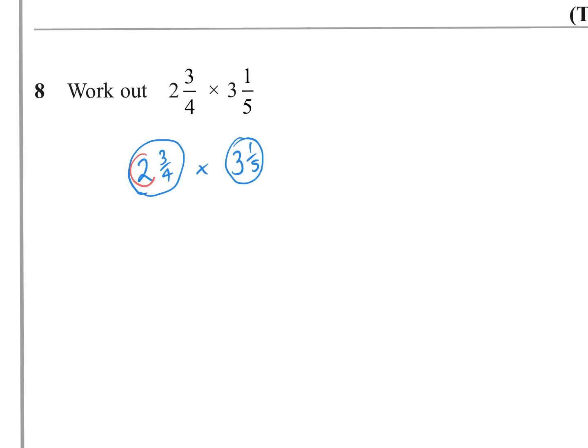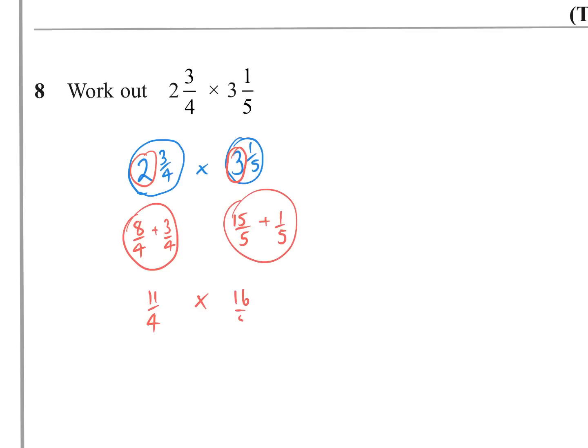So 2 is 8/4, and the 3/4 that we've got already gives us 11/4. We want to multiply that by, well, 3 is 15/5, and the 1/5 that we have already gives us 16/5.